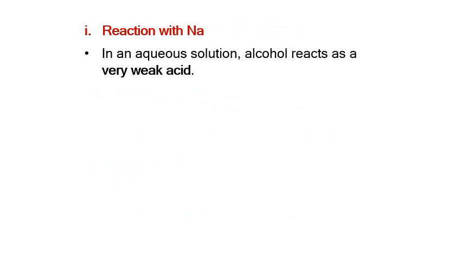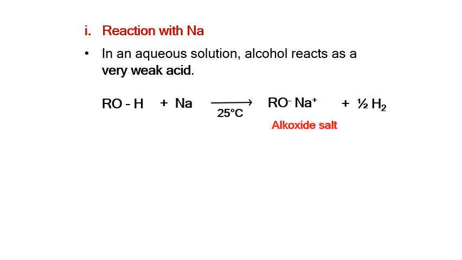Reaction with sodium. In an aqueous solution, alcohol reacts as a very weak acid. ROH treated with Na at room temperature produces RO- Na+, an alkoxide salt, and releases half mole of H2.